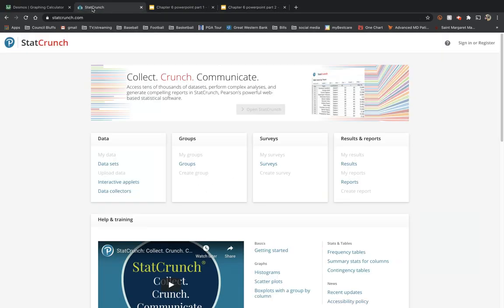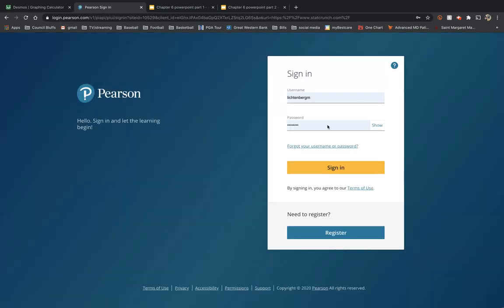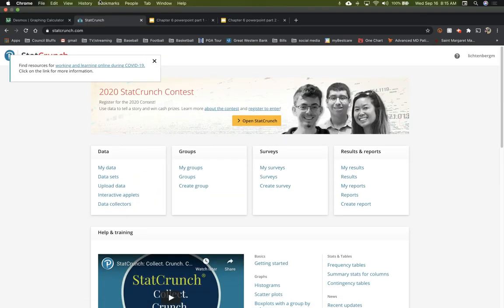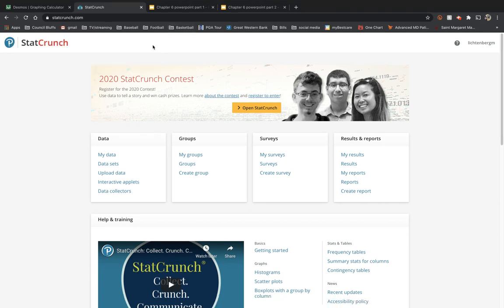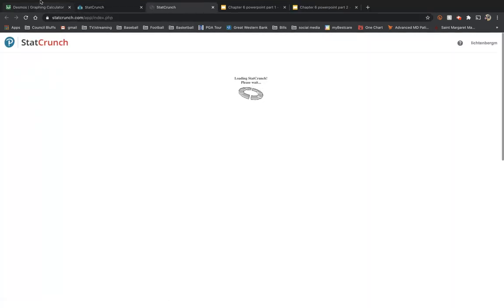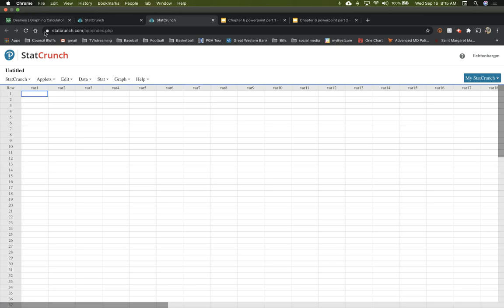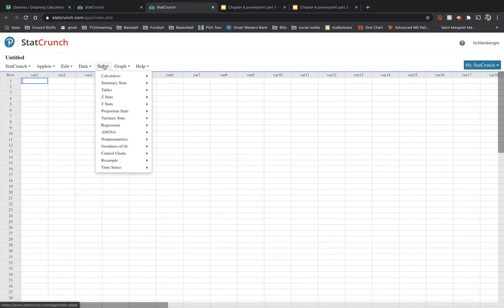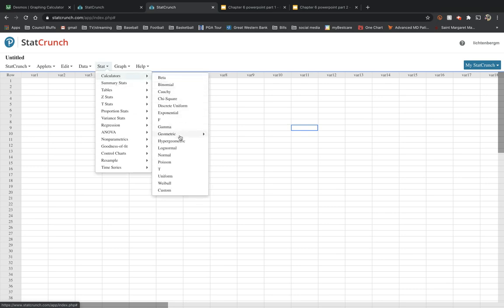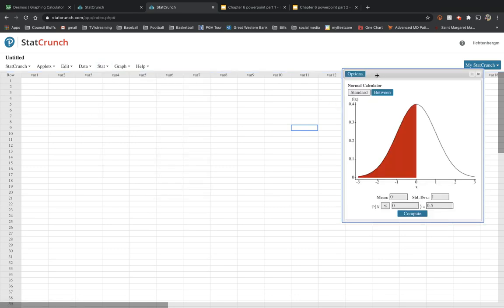So remember with StatCrunch, when you go on statcrunch.com, you sign in with the same username and password that you use for MyMathLab, and we go to open StatCrunch. Okay, and again, for normal distribution, we go to stat, calculators, and then normal.